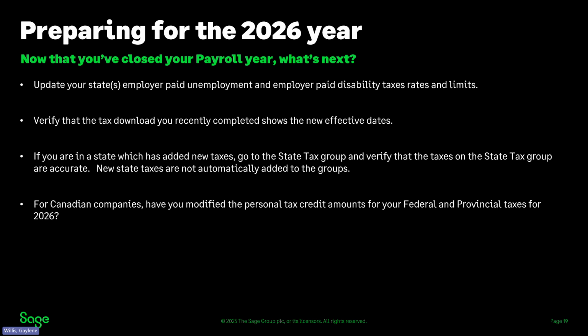They won't be added automatically. So make sure that those taxes on your state tax group are accurate. Again, new state taxes that have been added for this next year, and we know we're going to have some changes, or that have been added in previous periods, don't get automatically added to the state tax groups. They'll need to be added manually.